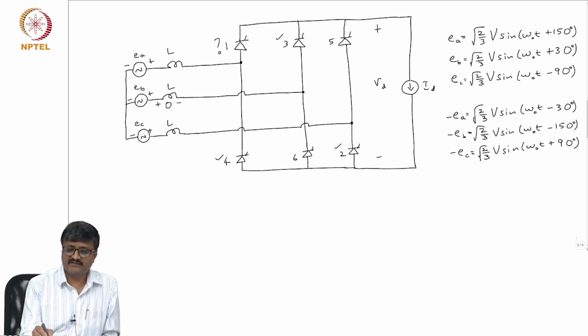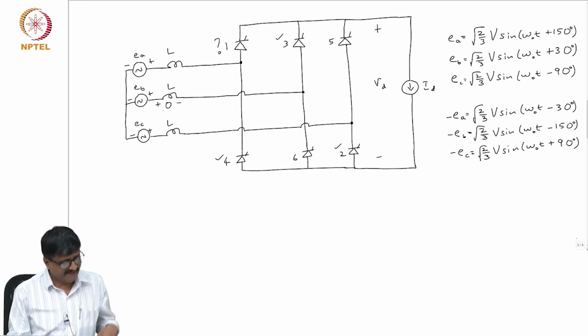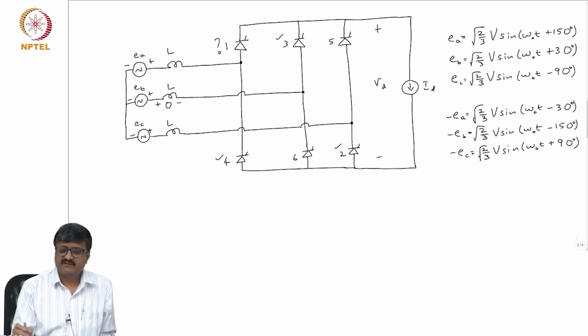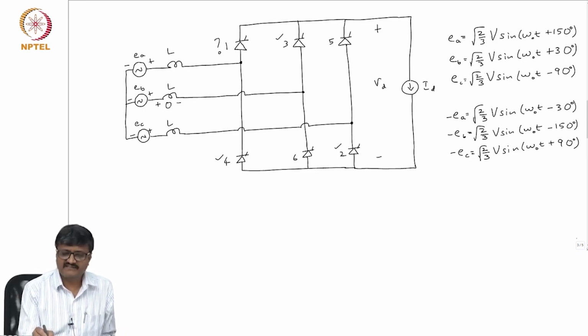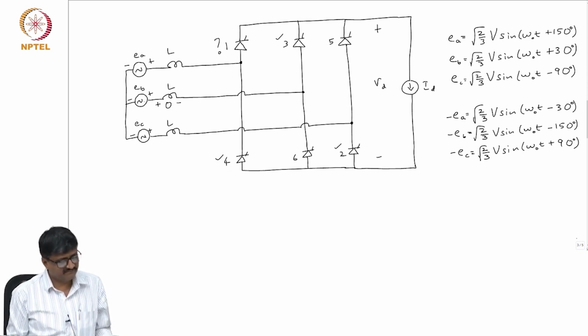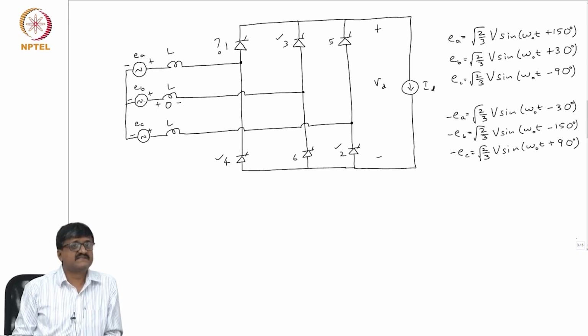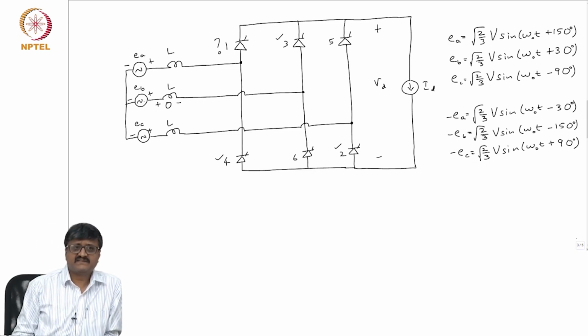The point is, when valves 2, 3 and 4 are conducting, the voltage across the inductance in series with EB is 0. From that, can I get an expression for the voltage across valve 1? EA minus?